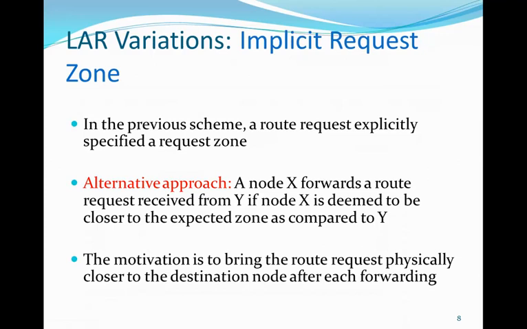Another variation is the implicit request zone. As we have discussed in the last scheme, the route request explicitly specified a request zone based on the updated or recent information.